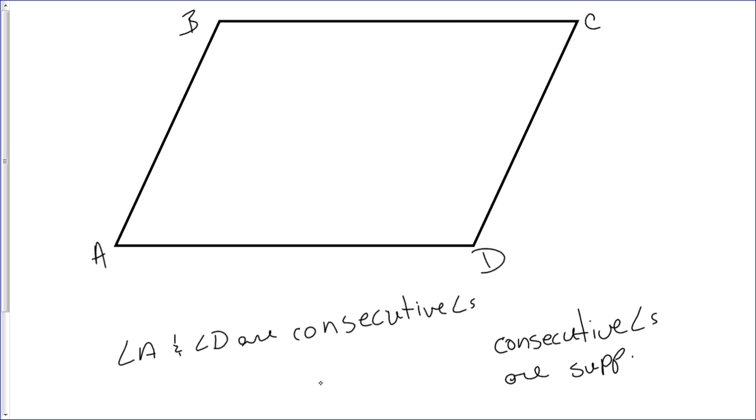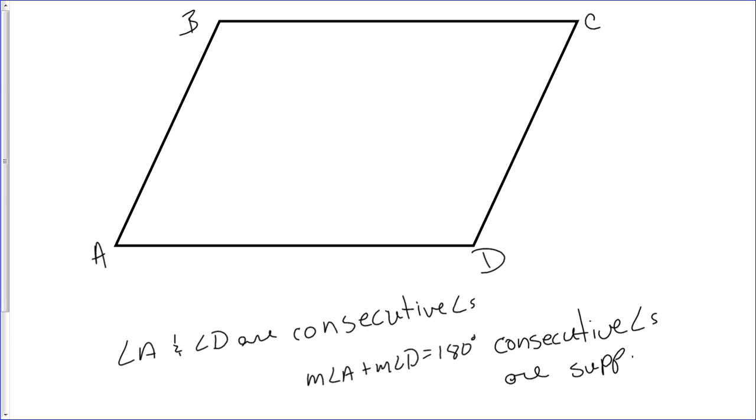So the measure of angle A plus the measure of angle D equals 180 degrees. Consecutive angles will always add up to 180 degrees. They will always be supplementary.